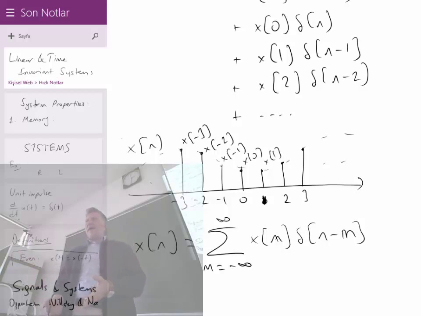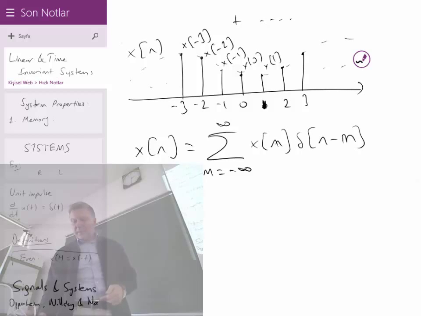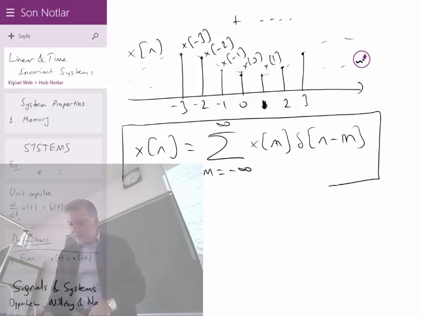If x of m, these scales here, are zeros for very small m's, or if they are zeros for very large m's, then it will be a summation in the middle only, from minus 10 to 20, from 0 to 5, whatever. But this is the most general way of putting things. And it's a formula that you have to nail, right?